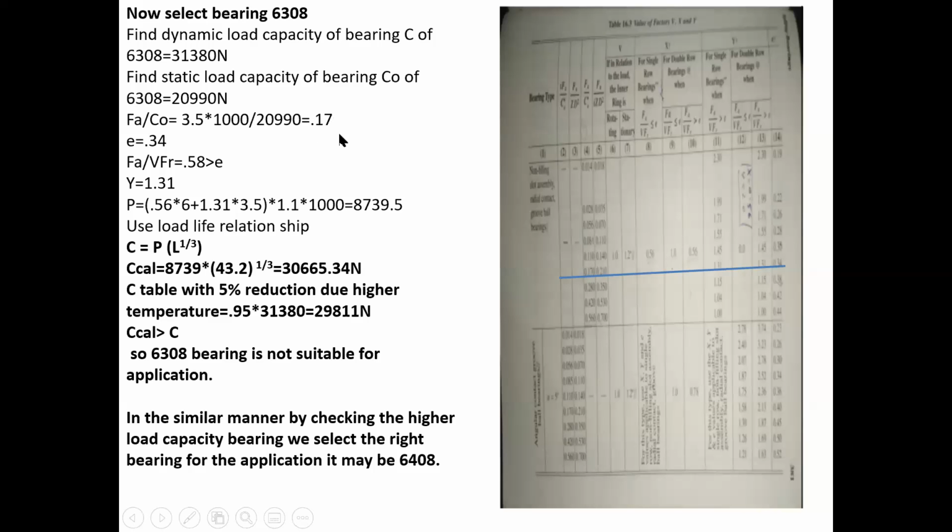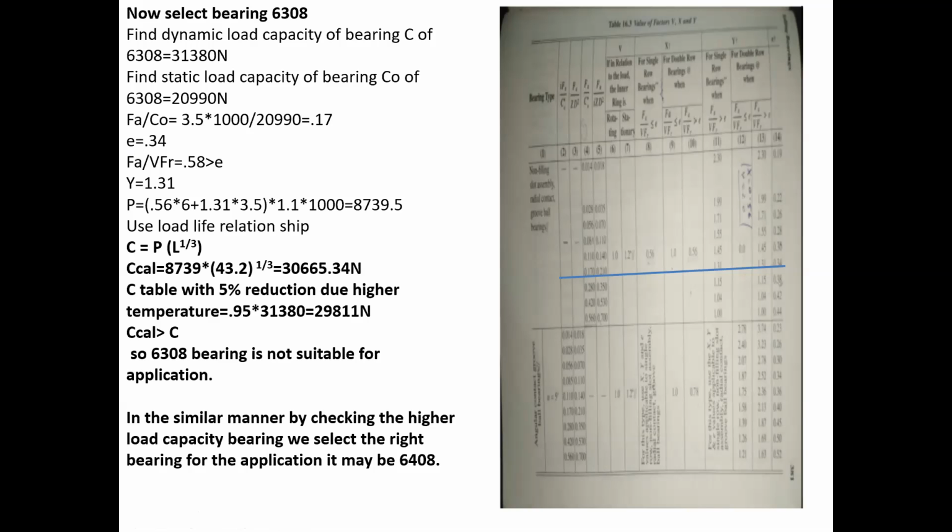Now we will calculate the E corresponding to 0.17. This value of FA upon C naught comes out 0.17, and 0.17 is given in your column number 4. So corresponding to this 0.17, the value of E is 0.34.